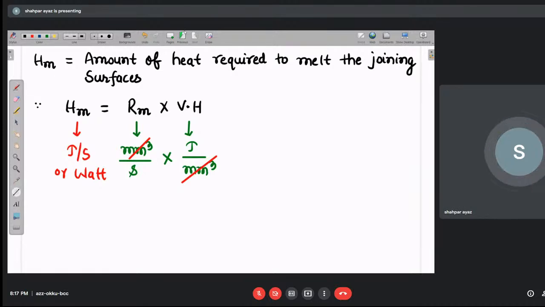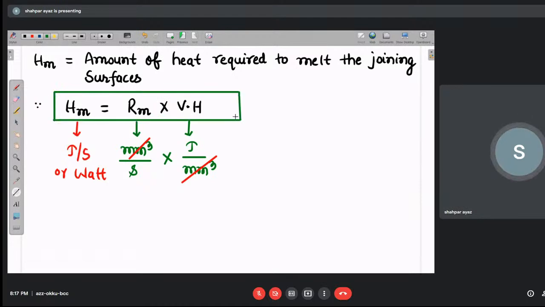Now the next part is very important. Next we can calculate Hm in joule like this. Suppose you want to melt something, first you raise its temperature: m c delta T, plus m into latent heat of melting, so sensible heat plus latent heat.